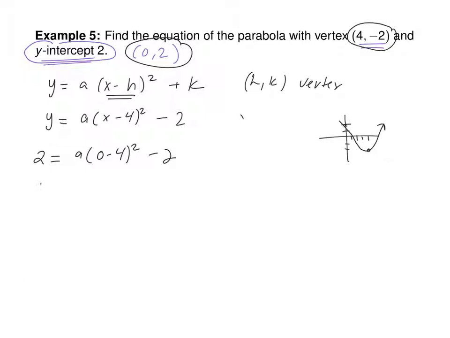So add the 2 to the 2 and you get 4 equals a times what number? 16, awesome. So is a 16 fourths or 4 sixteenths? 4 sixteenths, or 1/4. So your equation is 1/4 (x minus 4) squared minus 2.